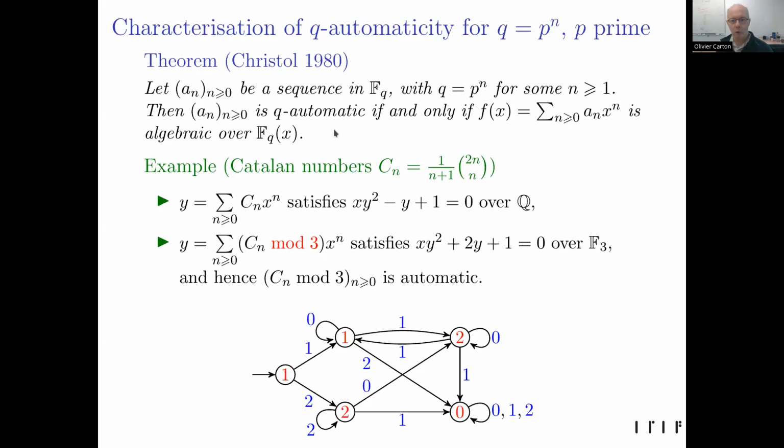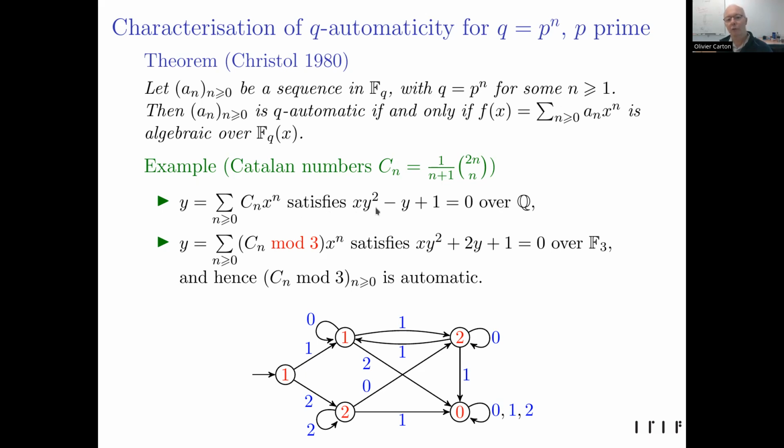Here I give below an example. If you take the Catalan numbers, which usually count the number of trees, but here we don't care. It's well known that if you take the power series here with integer coefficients, then this power series satisfies this equation.